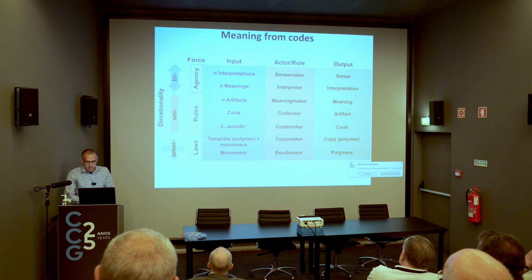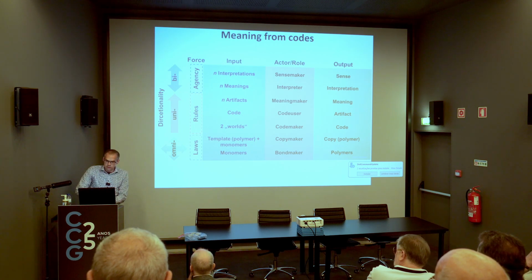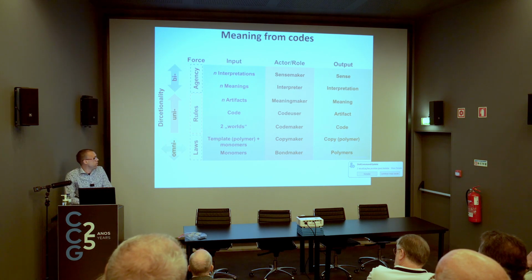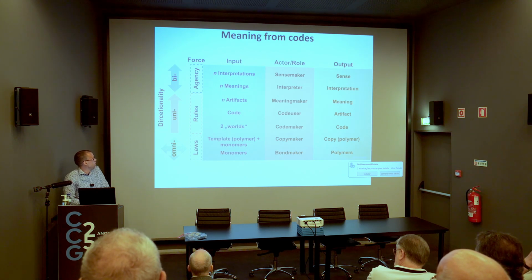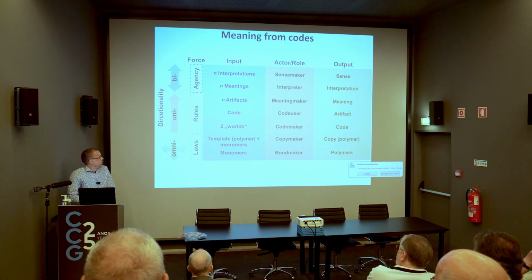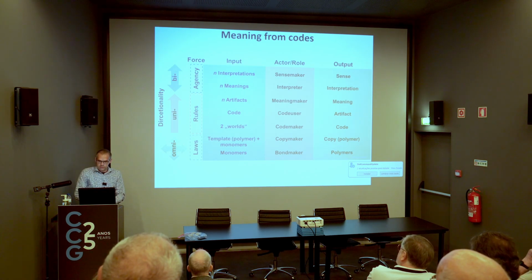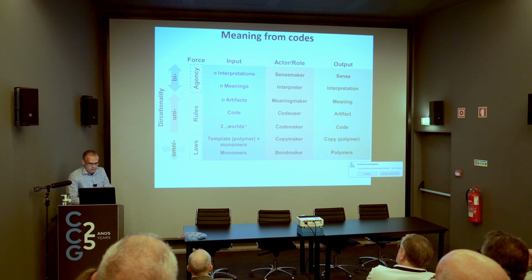Then the question will be if we can have a number of artifacts and meaning makers that make meaning out of those artifacts, because I do not see meaning in a code in itself. It needs another instance above, a reference frame that makes meaning out of codes or products produced by code users. From those meanings, we end up with interpreters, and from interpreters, sense makers.